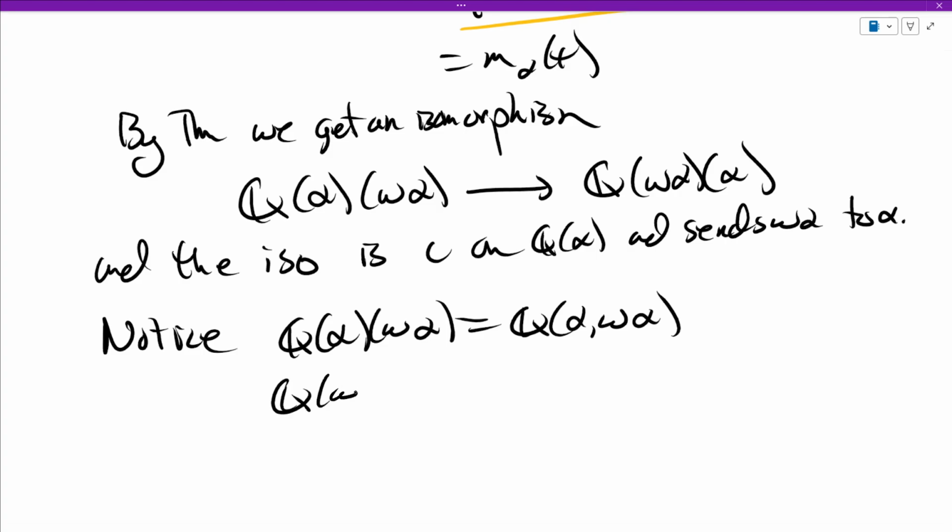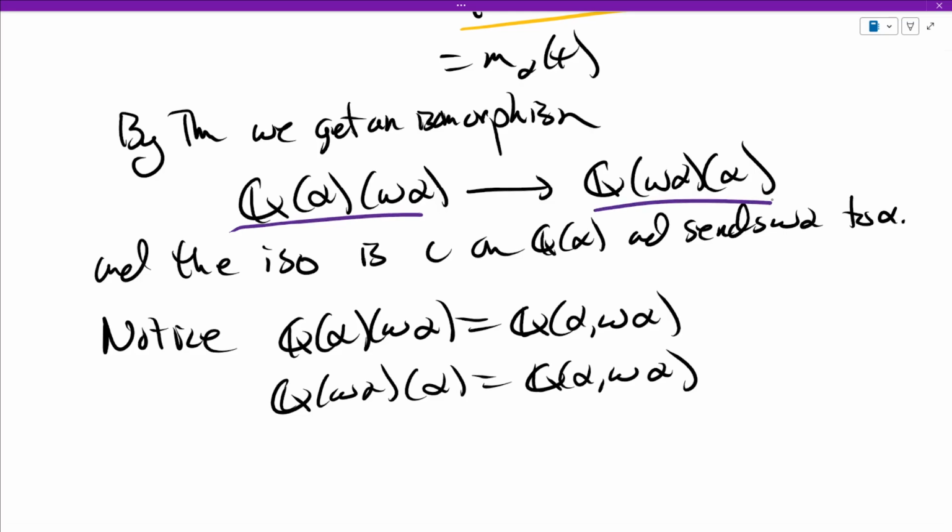And when we add in omega alpha and then we add in alpha, that's like adding in alpha and omega alpha. So these fields here are equal. They are isomorphic, but they're better than isomorphic. They're equal. They're the same fields. It's like that meme with the office picture where it's the same picture, right? It's the same picture.